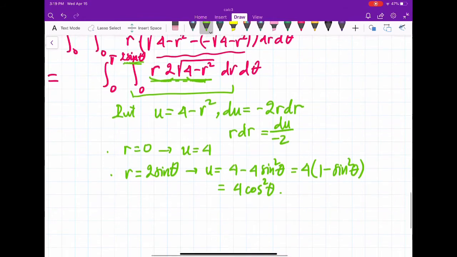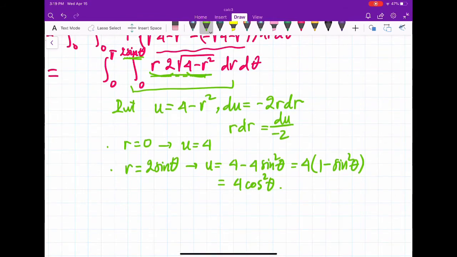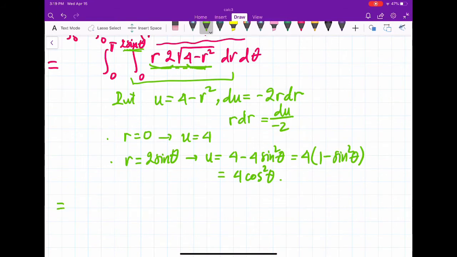Now let's rewrite the inside integral. That is equal to the integral from 0 to pi. Nothing changed with that. Here I have 4 to 4 cosine squared theta, r dr. 2r dr is just negative du, so I have a negative here and then square root of u du d theta.